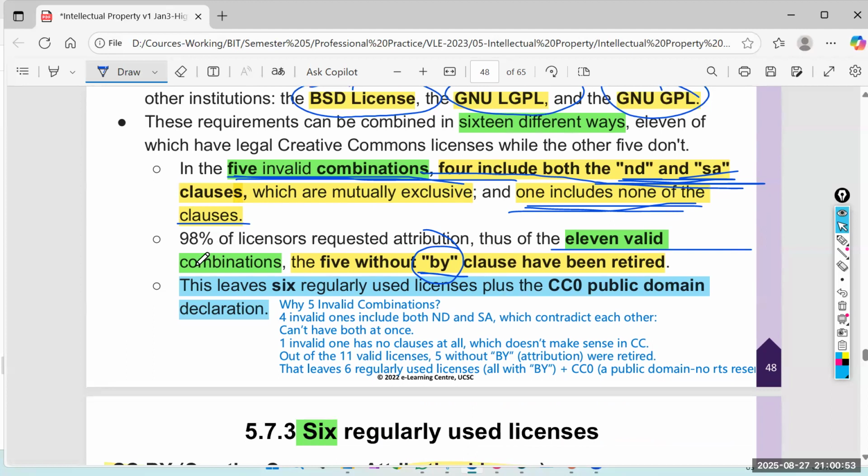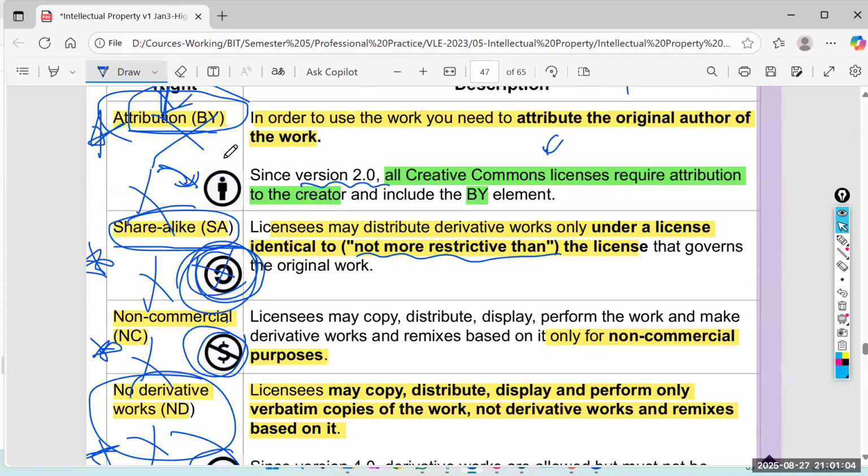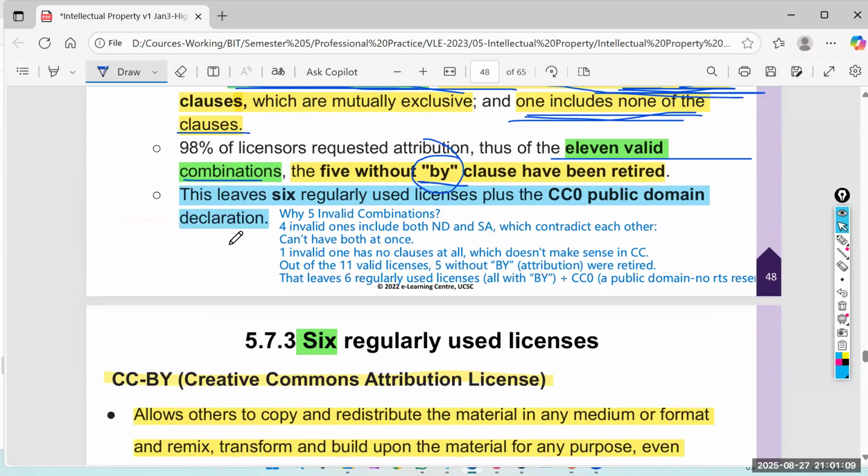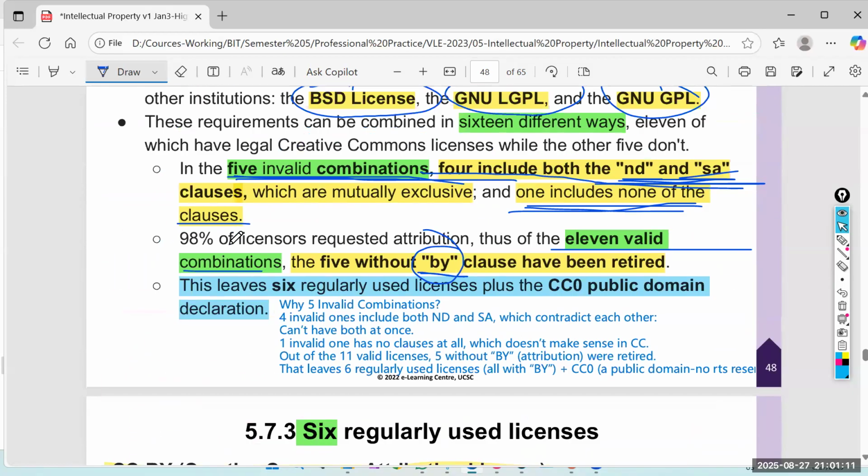And out of those valid combinations, with Creative Commons 2.0, they have made it a must to have attribution. So therefore, finally, we have six regularly used licenses, and of course, the public domain declaration.